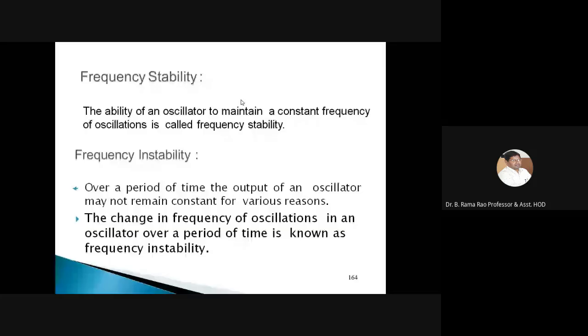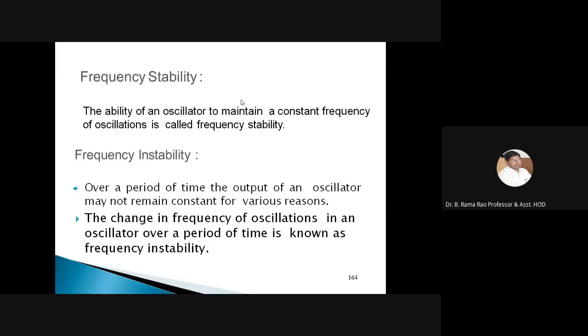Every time we talk about an oscillator circuit, we expect stabilized oscillations, so we frequently use that term. Frequency stability is the ability of an oscillator to maintain a constant frequency of oscillations.